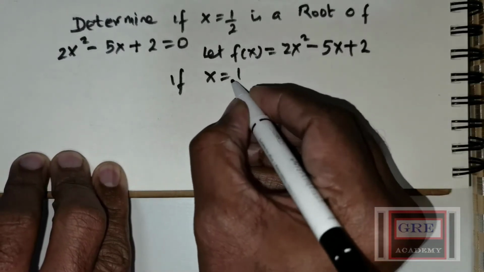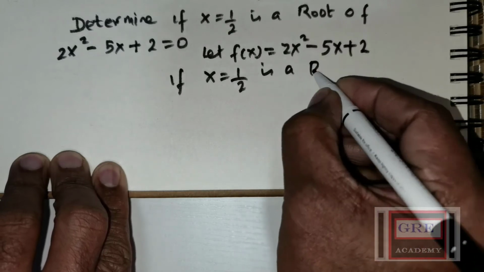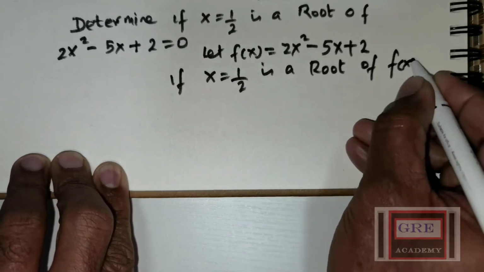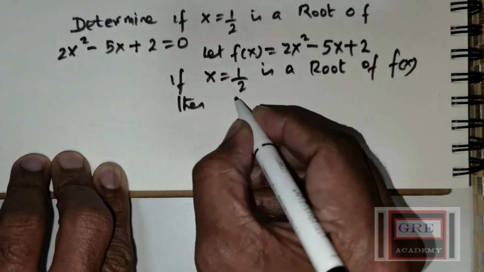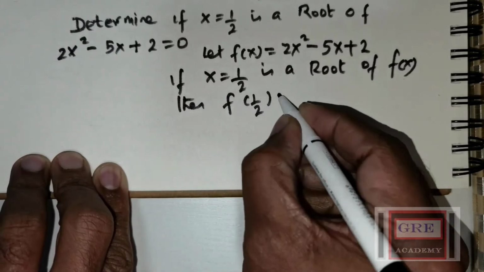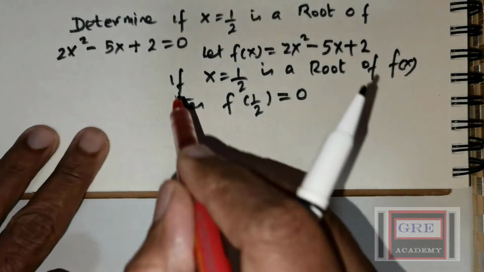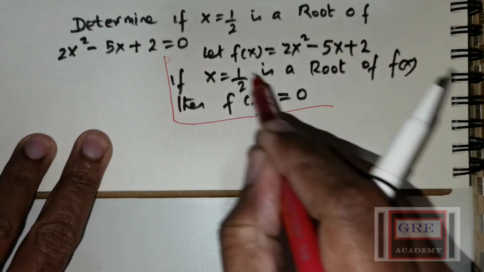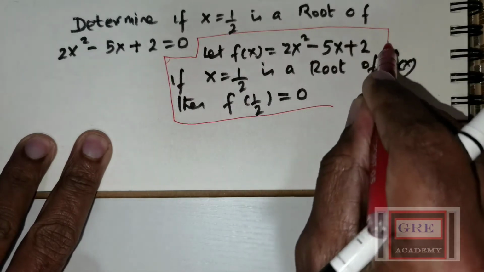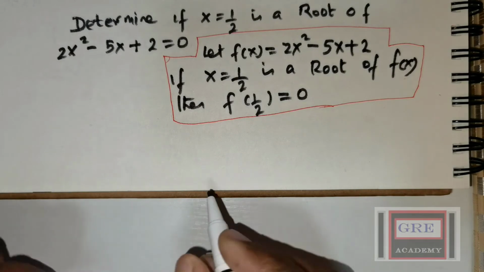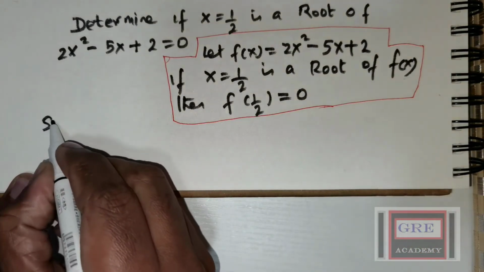If x = 1/2 is a root of f(x), then f(1/2) would be equal to 0. So this is a very important condition you should know for any value to become a root of the function.